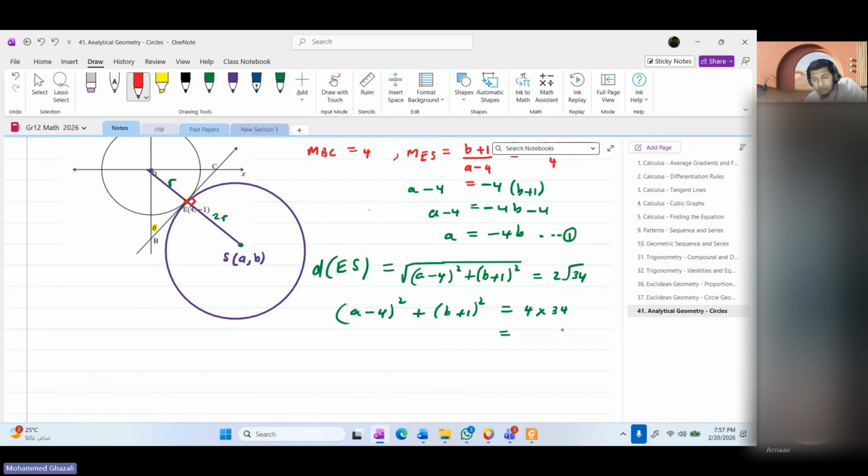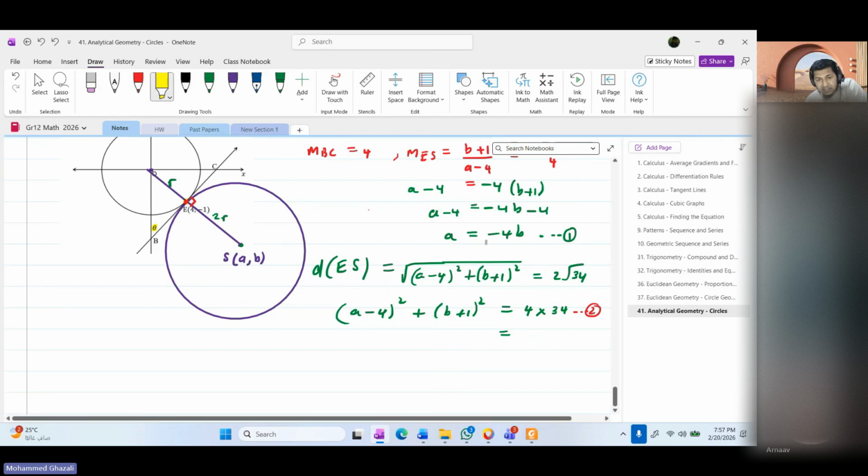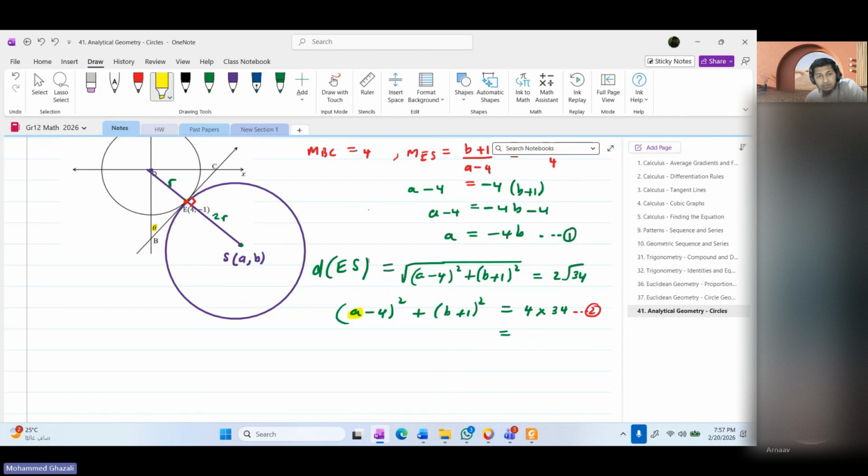Now, remember, this is equation 2. Now I will take equation 1 and substitute into equation 2. So what is A? A is minus 4b. So I'm going to substitute this minus 4b inside here. Minus 4b minus 4 all squared plus b plus 1 all squared is equal to, what is that, 68.